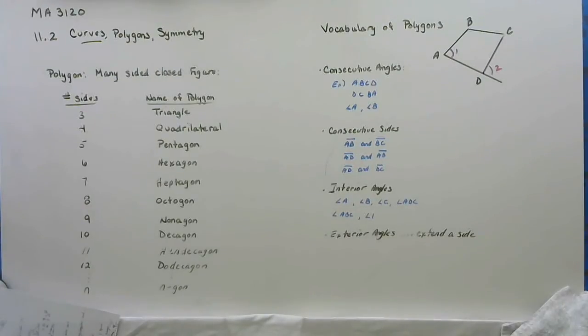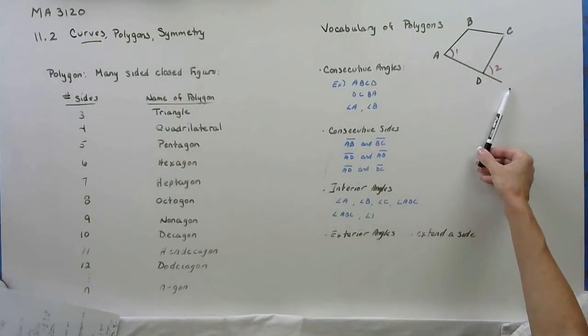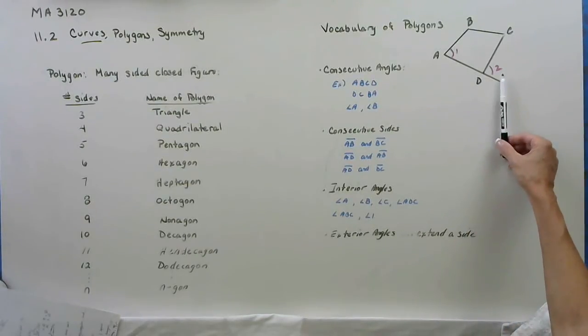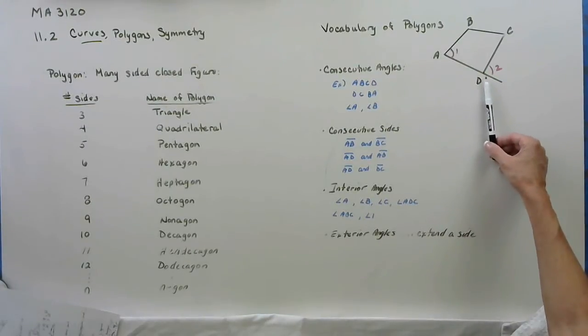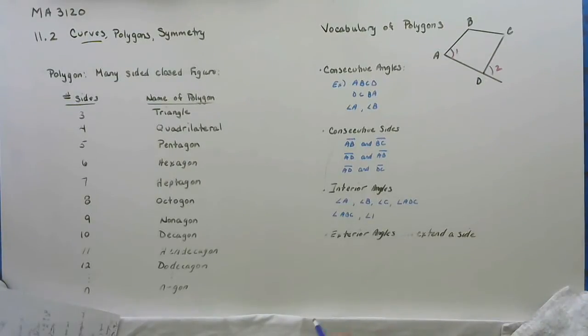So in this case, I took side AD and I just extended it. So you'll notice angle 2 is having a vertex of D, but it's on the exterior part, it's on that extension. So an example, I only gave you one in this case, is angle 2.